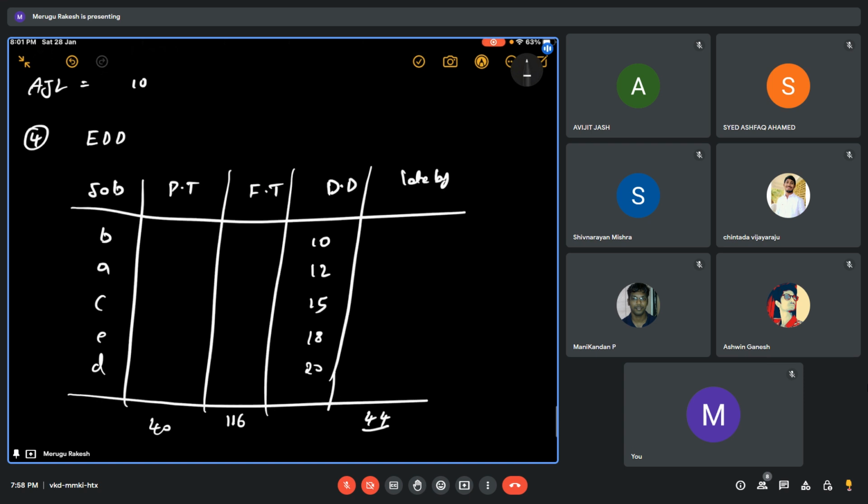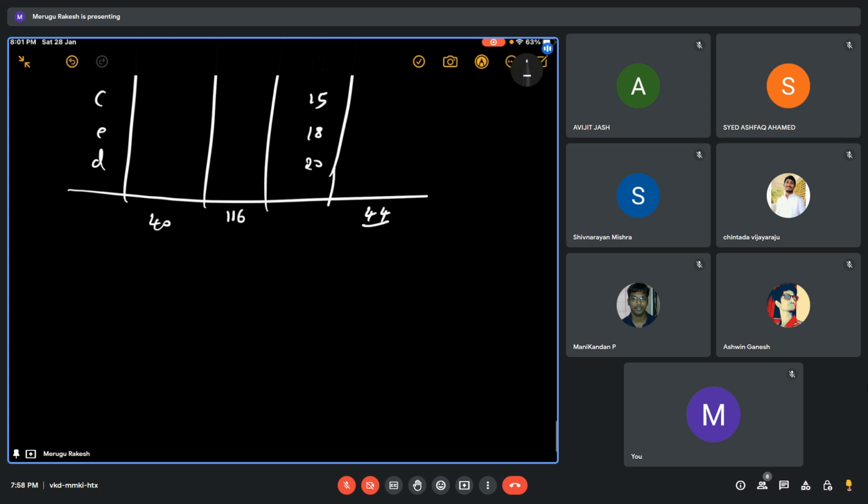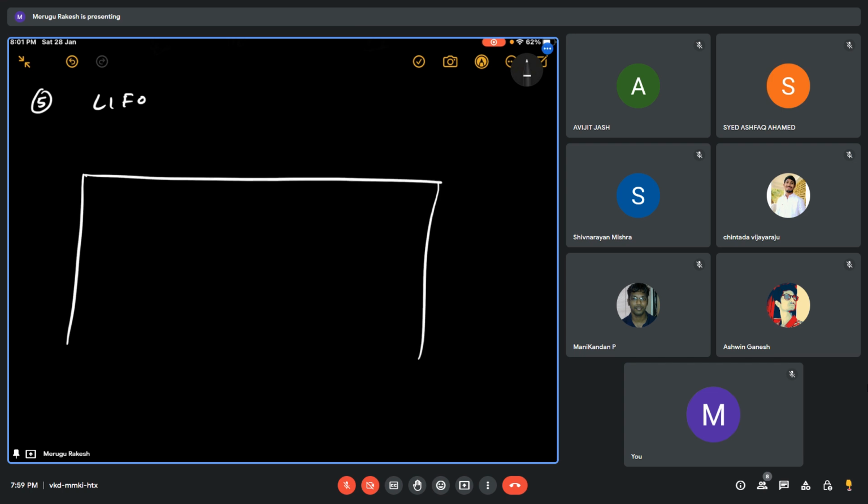This is the process we do, and the calculation of all the four parameters will be similar with the other model also, that is last in first out. So we will take the reverse order, that is E D C B A, and we'll do the similar process. Okay, let me write everything at once so that you will see the difference in what happens in each rule.